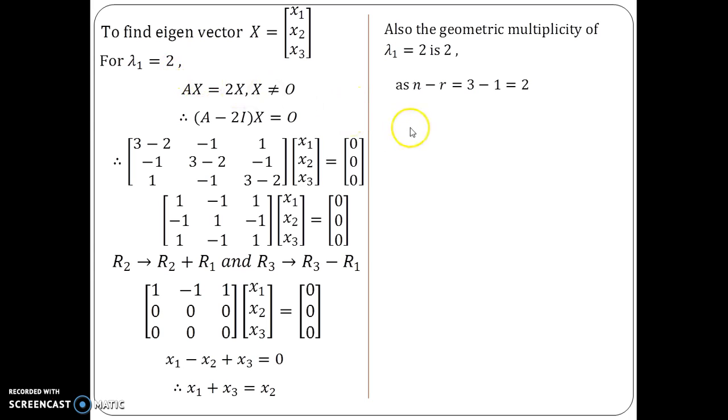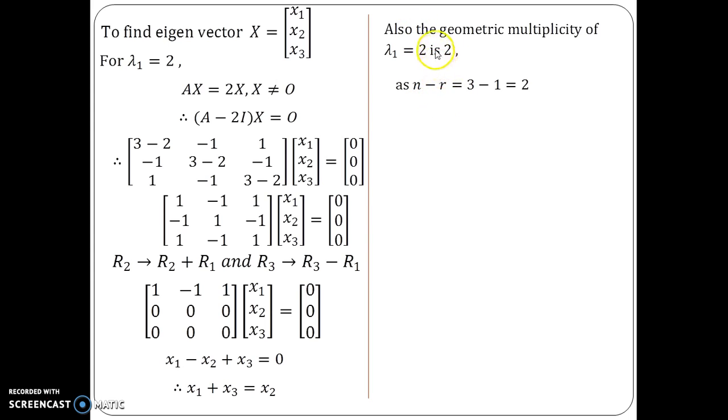I would like to make a remark here: the algebraic multiplicity of eigenvalue lambda 1 in this case is also 2, and the geometric multiplicity is also 2. You can note this small fact, which will be used ahead for some other advanced concept.